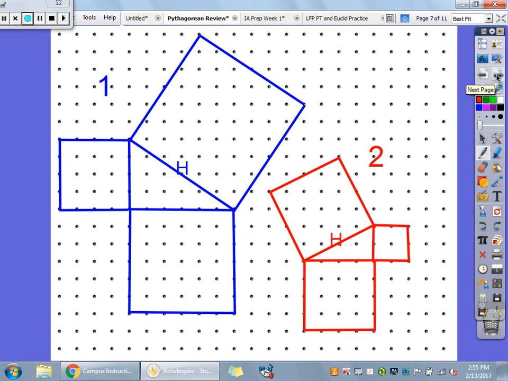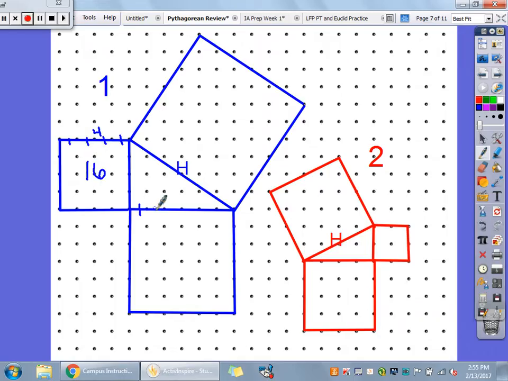All right, on these you just have to find the hypotenuse. So you can either find the area of each square and add it together and then take the square root, or you can use the Pythagorean theorem. There's more than one way to do it. So if you think about it as the area of the squares being added together and then taking the square root, the area of this, there's 1, 2, 3, 4. So the area of this square is 4 squared, which is 16.